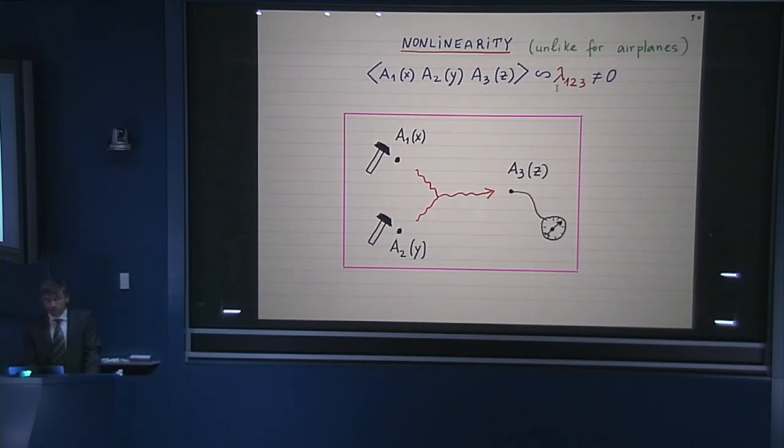In our theory, this probability of fluctuations being transformed from types 1 and 2 to type 3 is parameterized by this constant. There is some dependence on x, y, z that I'm not writing, but there is some overall constant, which I call lambda 1 to 3. And unlike these other constants that I was mentioning before, these constants are also universal and non-zero, order 1 numbers, unlike for small nonlinearities.